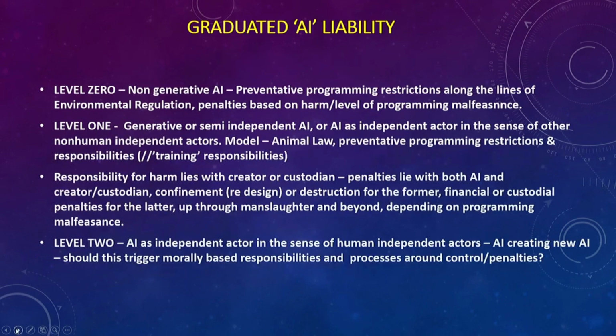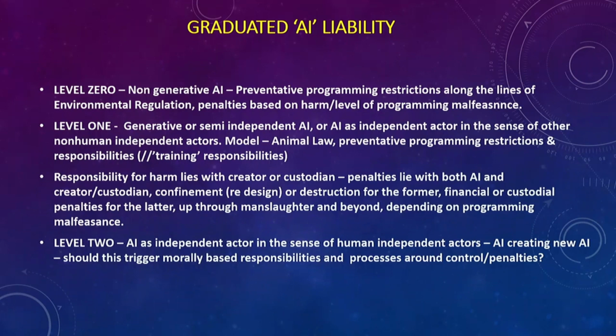What there is, and what I think will develop, is what I call level 0. Non-generative AI would probably be along the lines of environmental regulation, preventative things, regulations about what you can and cannot do when you're making this. Then generative, or what I call semi-independent AI, where the AI can do things that are surprising and not foreseen.